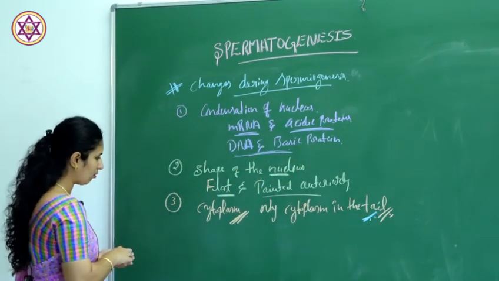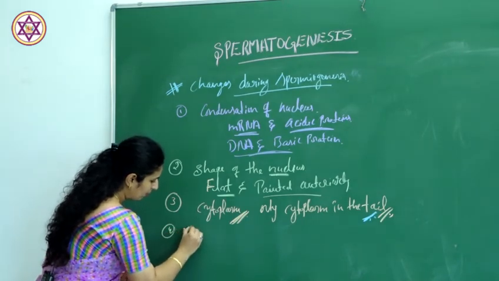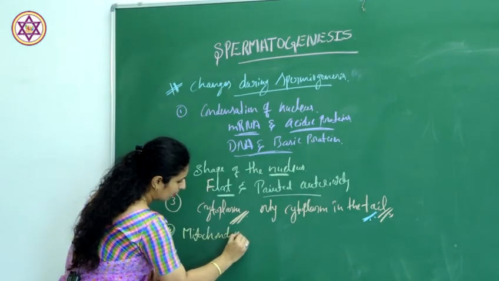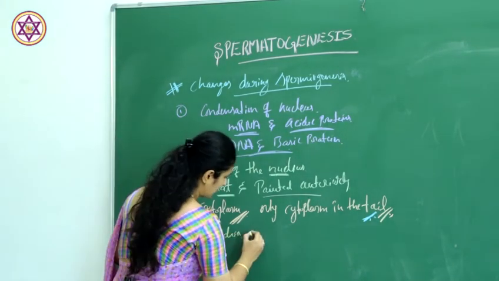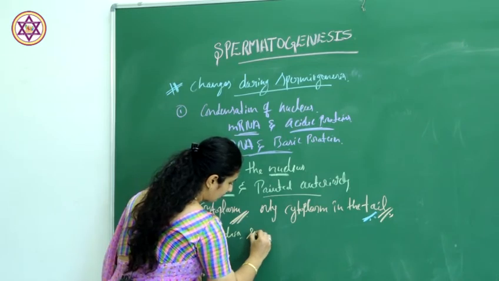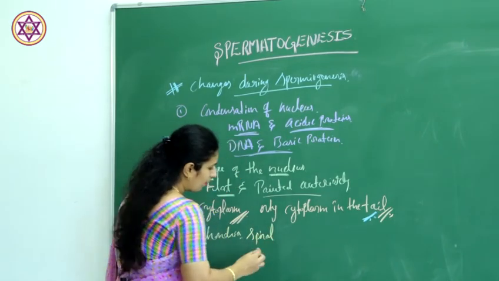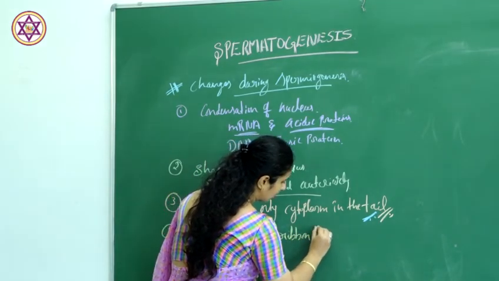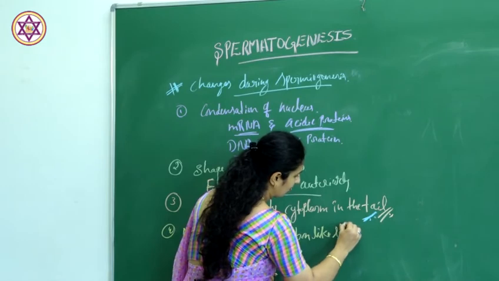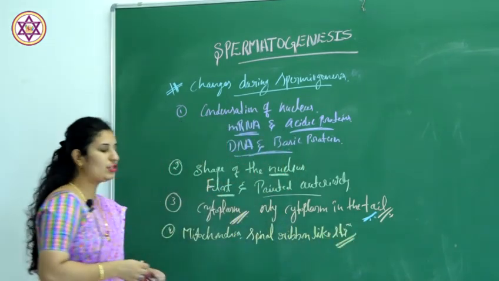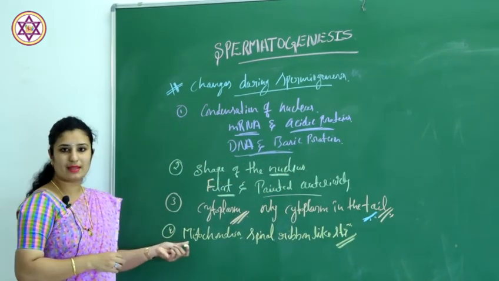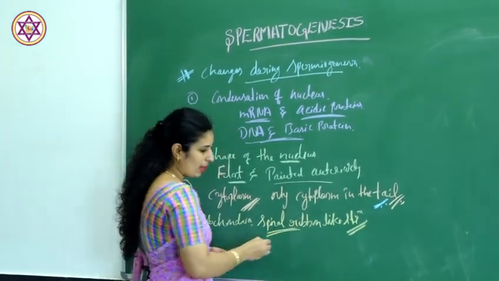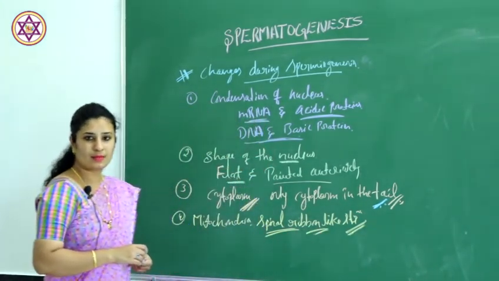Coming to the mitochondria. The mitochondria form a spiral, coiled ribbon-like structure which surrounds the axoneme.